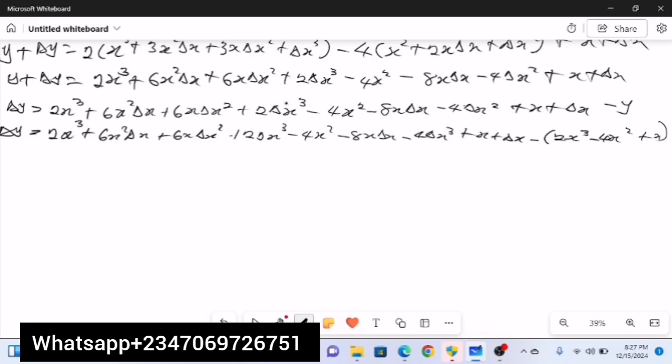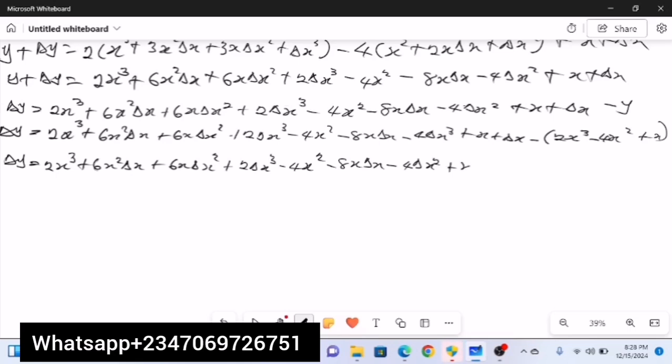Okay, so if you rewrite that equation, you're going to have that change in y is equal to 2x to the power of 3 plus 6x squared change in x plus 6x change in x squared plus 2 change in x to the power of 3 minus 4x to the power of 2 minus 8x change in x minus 4 change in x to the power of 2, please, plus x plus change in x.